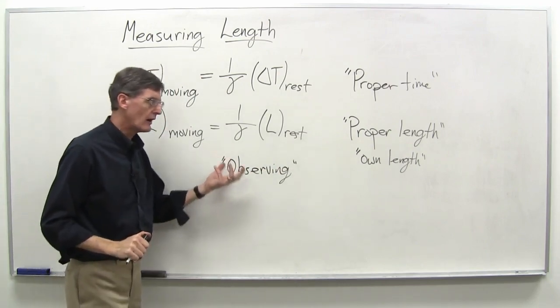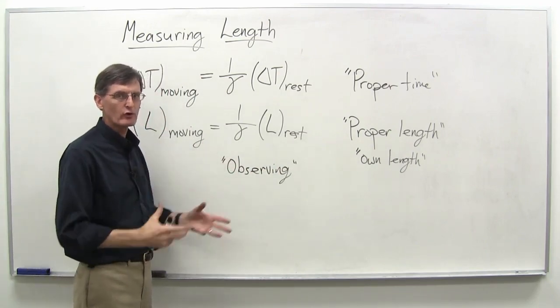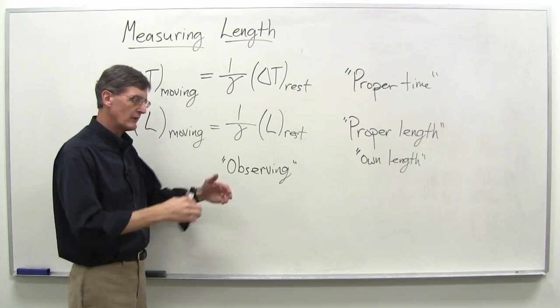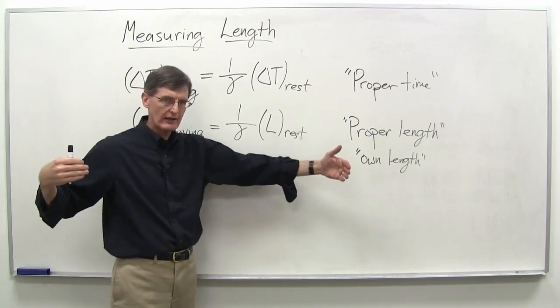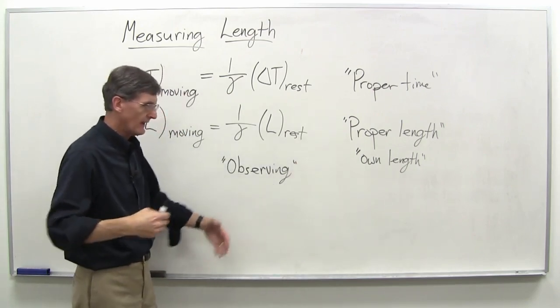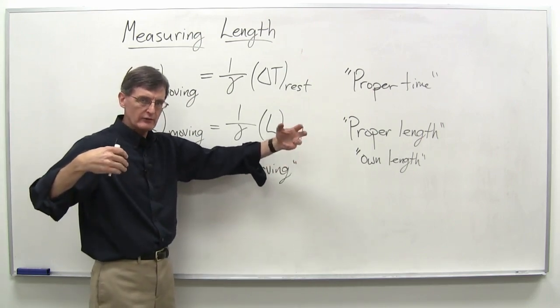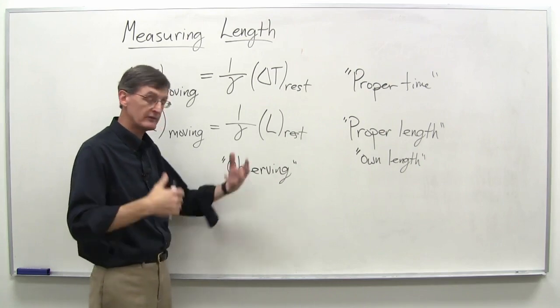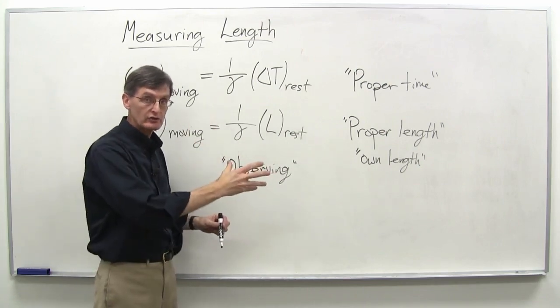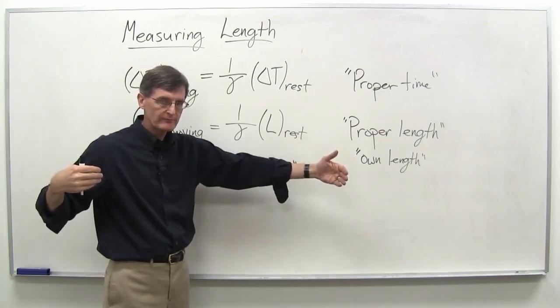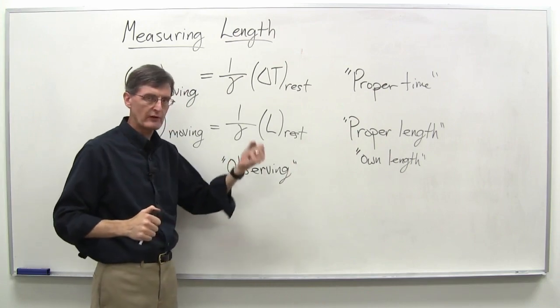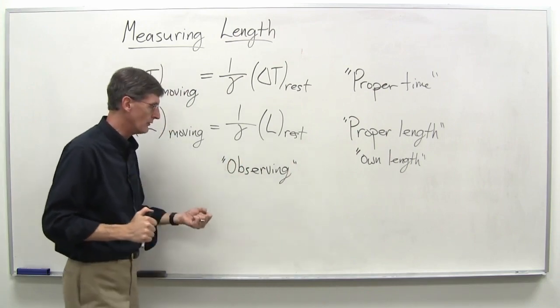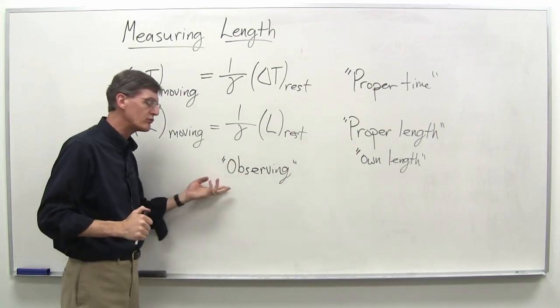And we defined observation using our photo principle. An observation meant we had this imaginary grid or lattice of clocks, and at any given point where something happened, it happened at that instant in time and space. We could take a photograph there, the clock would show it, all the clocks are synchronized in our frame, and we'd be able to specify the time and location in our frame of reference.